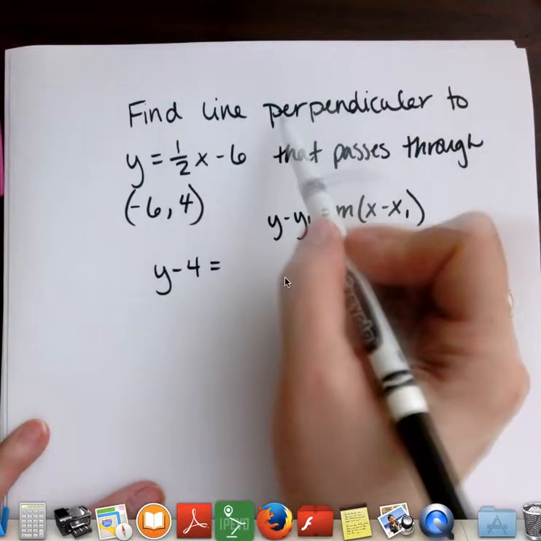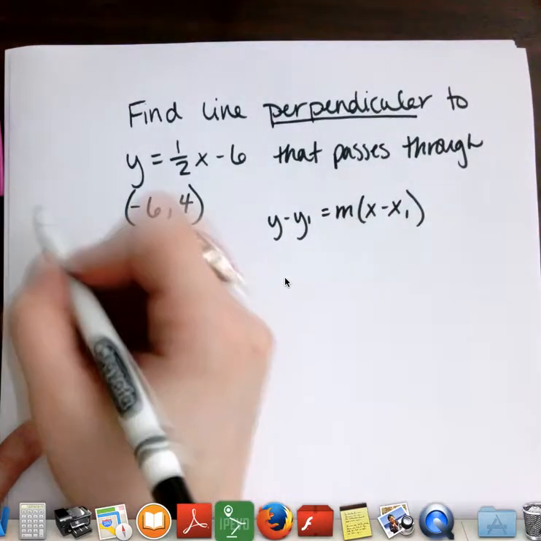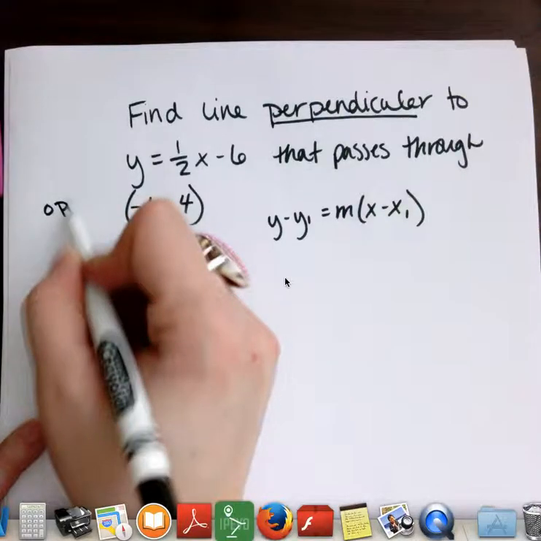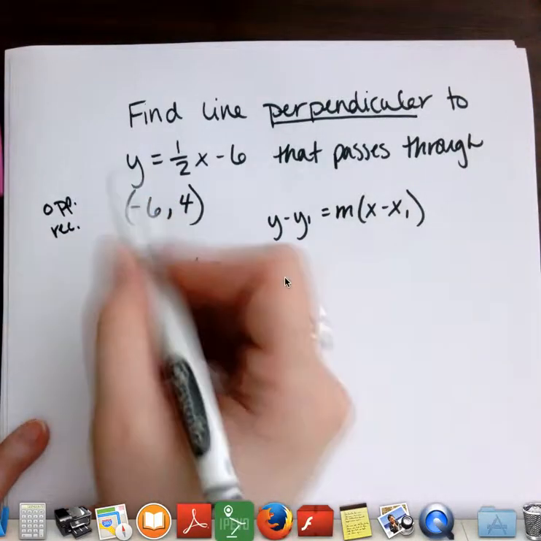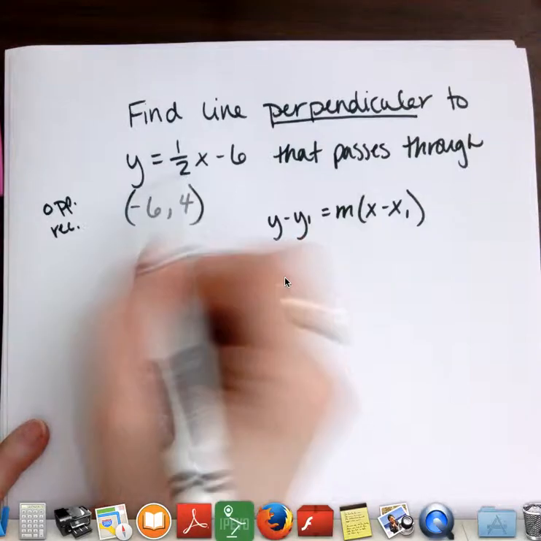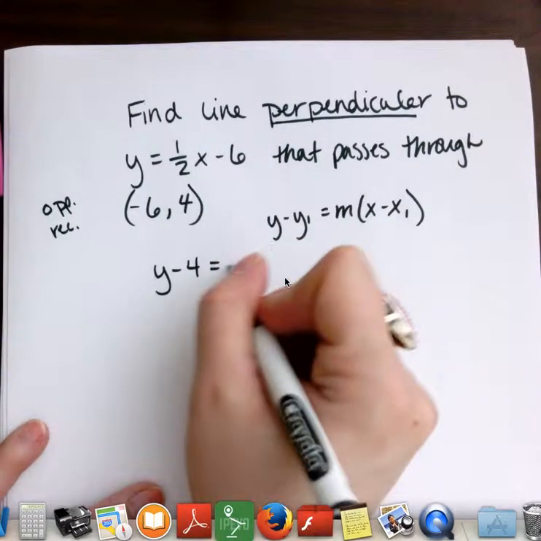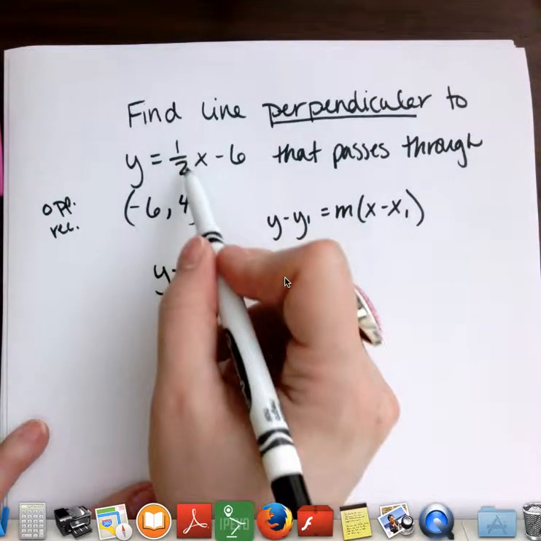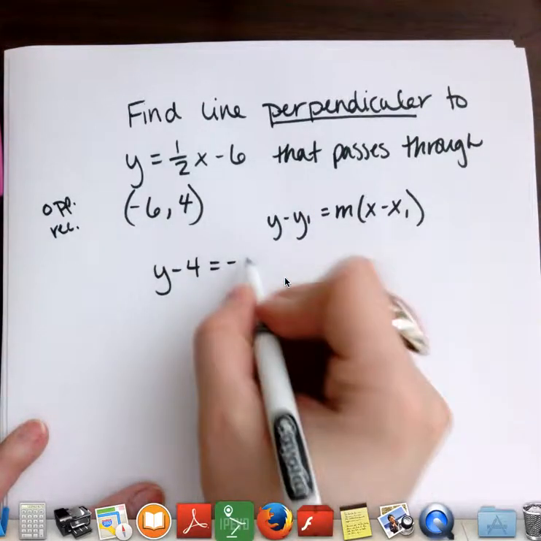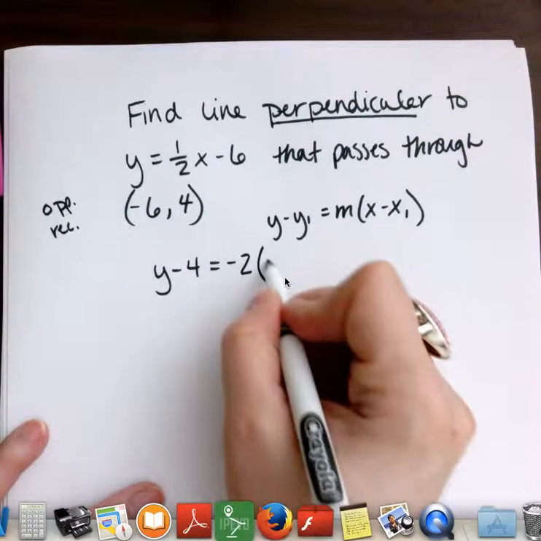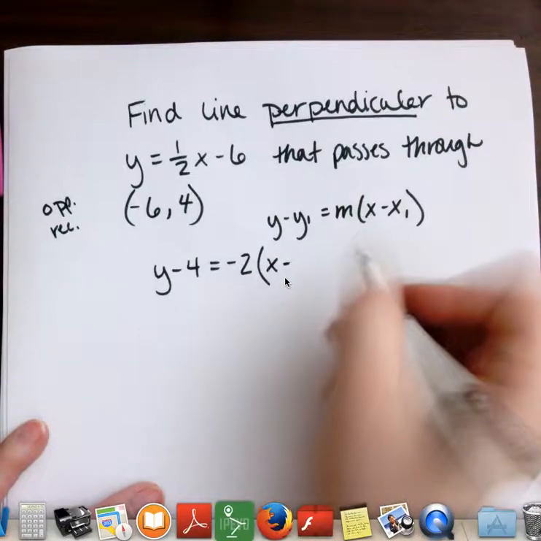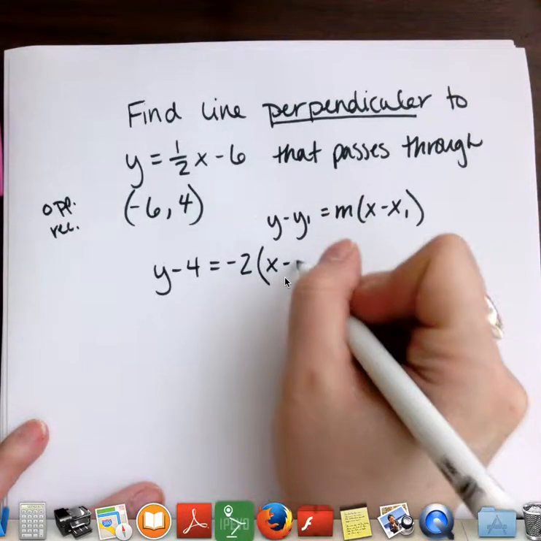Remember, I'm finding a perpendicular slope, so it's going to be that opposite reciprocal. So instead of 1/2, it's going to be negative, and we're going to flip this, so 2 over 1. So negative 2 times the quantity x minus x1, and that x1 is negative 6.